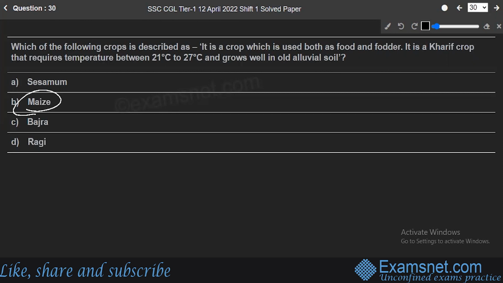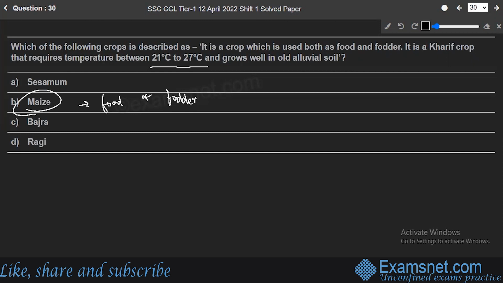Maize is a crop that is used both as food and fodder. It's a kharif crop that requires temperature between 21 degrees to 27 degrees Celsius and grows well in old alluvial soil. In some states like Bihar, maize is grown in Rabi season also.